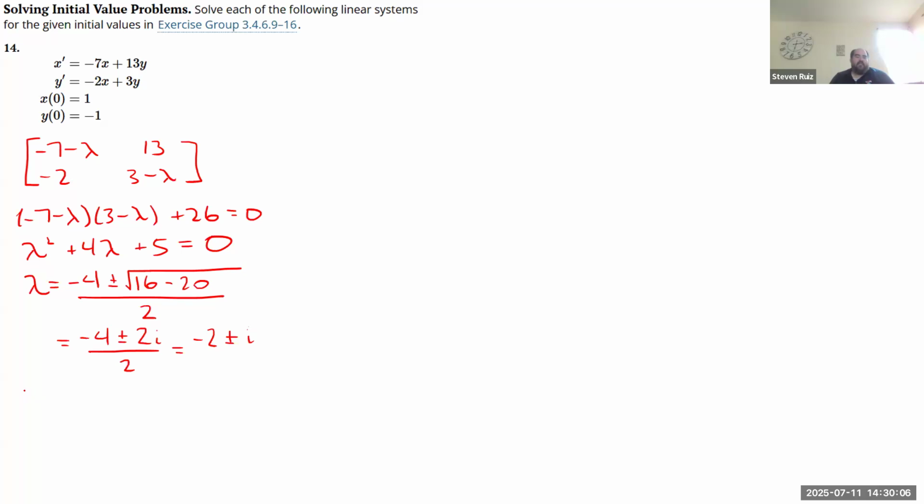So when I do that, what matrix do I get from here? So A minus (minus 2 plus i) times the identity matrix.